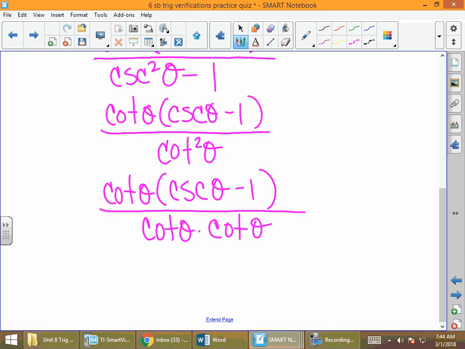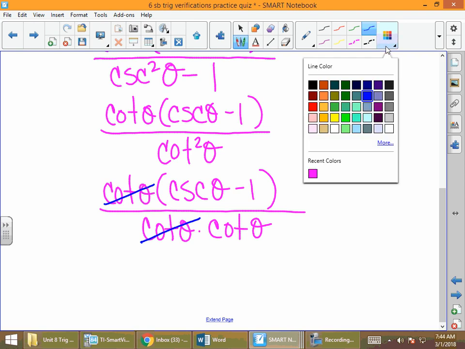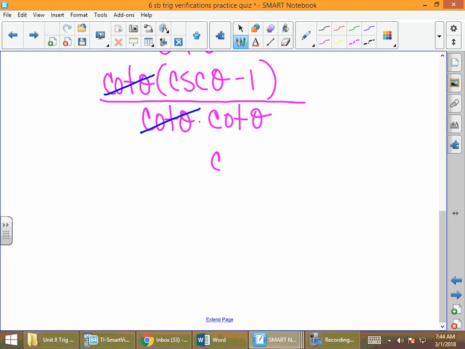And when we get to this point, what we're asking ourselves is, do we have anything exactly the same on the top and the bottom? And what we see here is that we've got a cotangent in the numerator and a cotangent in the denominator. So when we simplify that, we've got cosecant of theta times 1 divided by cotangent of theta.